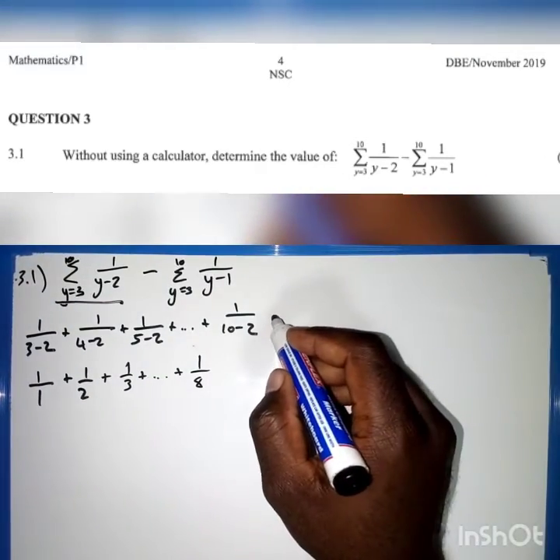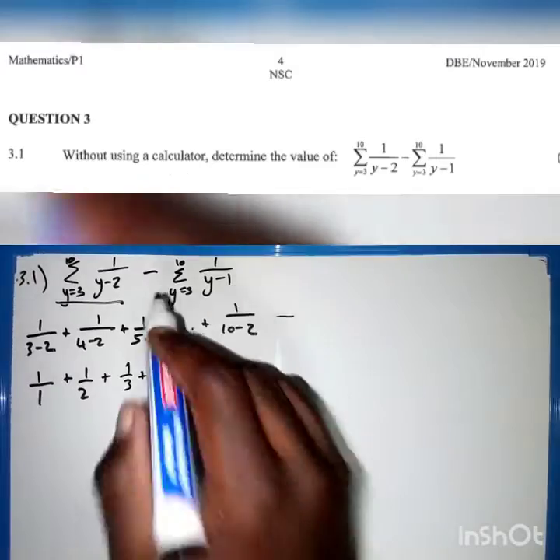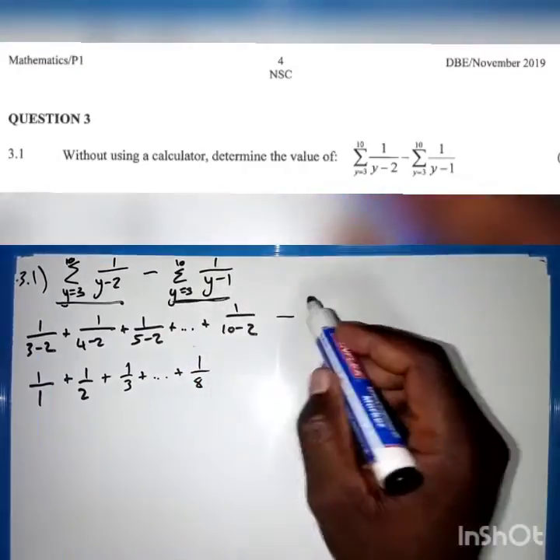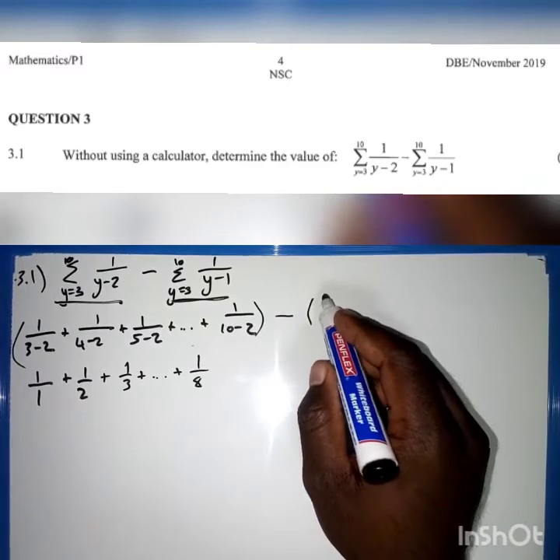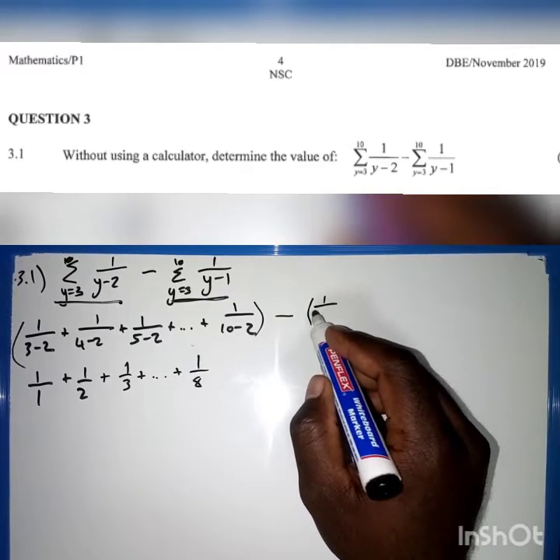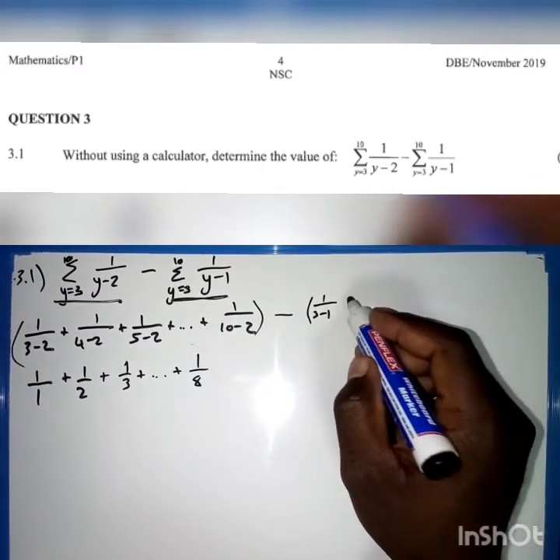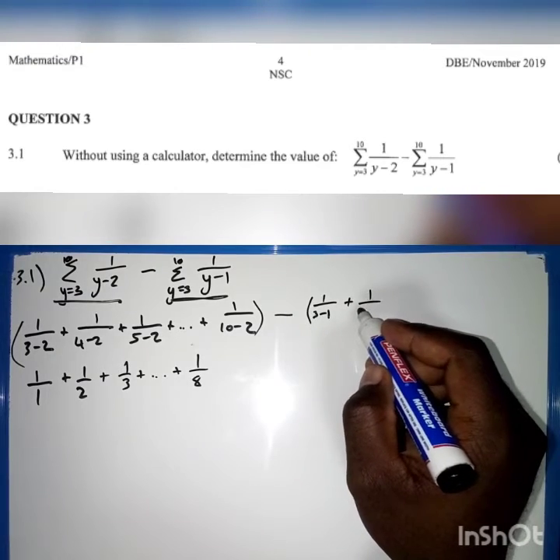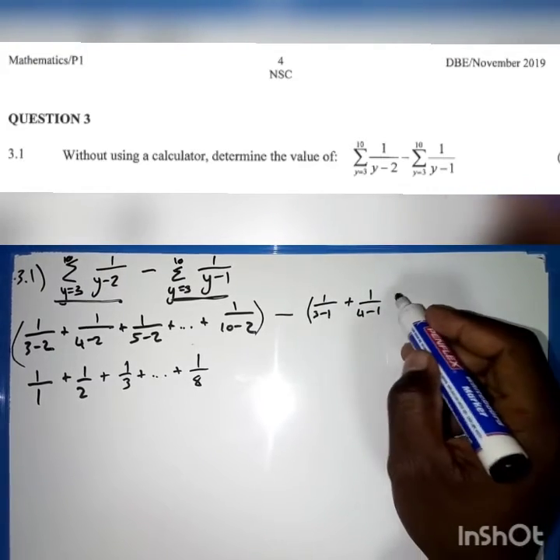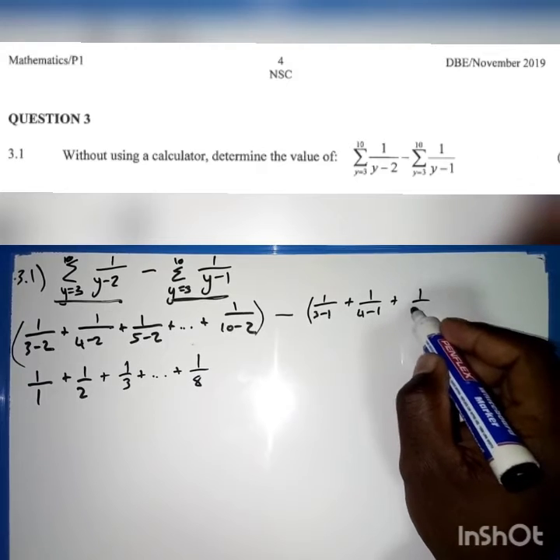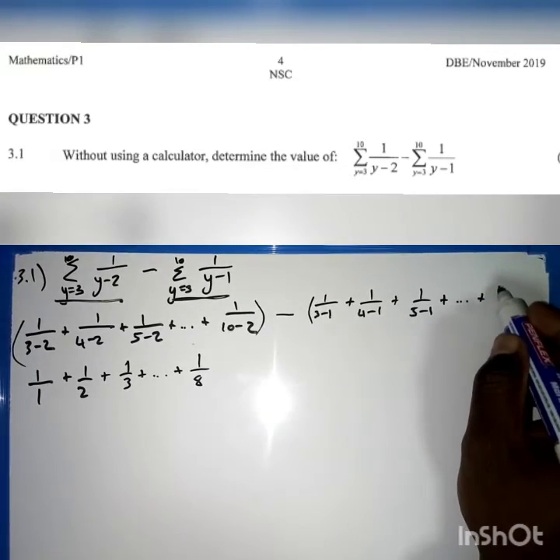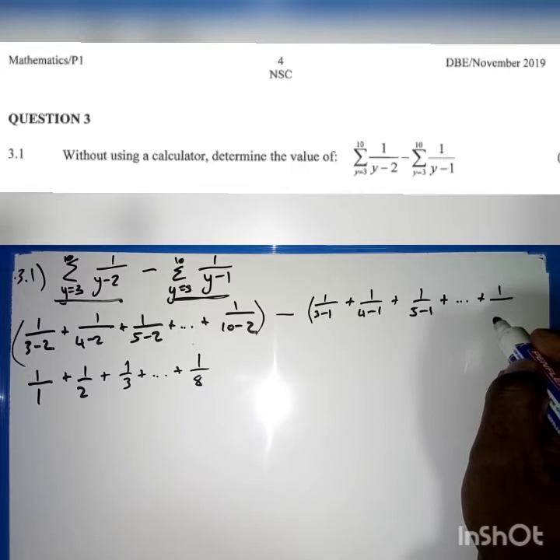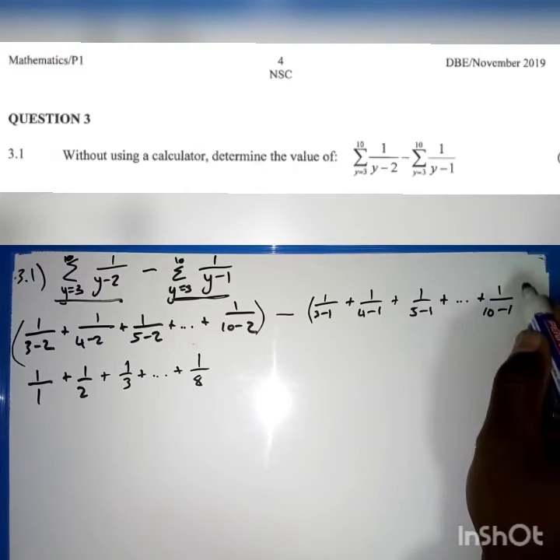So this, we subtract this, so this will give us 1 over 3 minus 1 plus 1 over 4 minus 1 plus 1 over 5 minus 1 plus, and then it carries on, plus 1 over 10 minus 1.